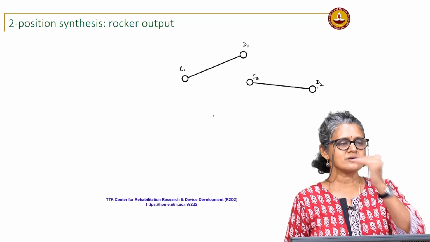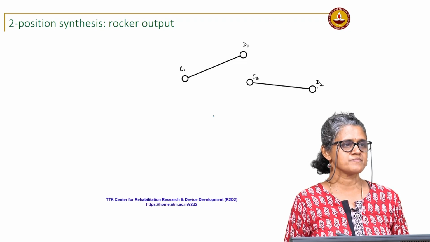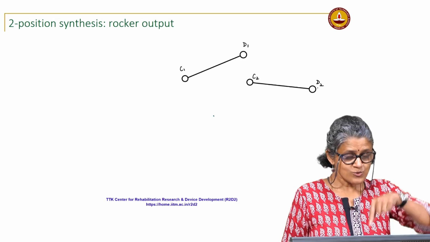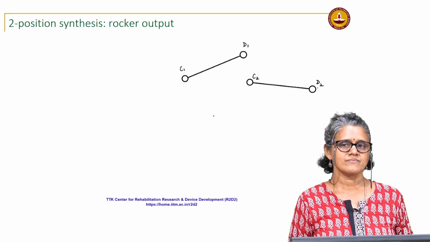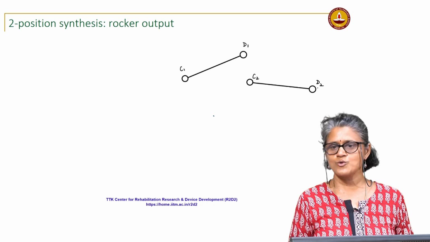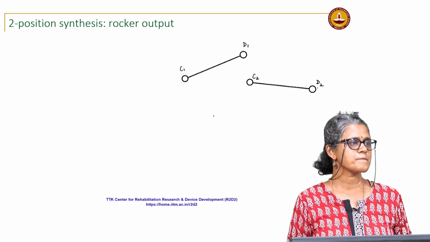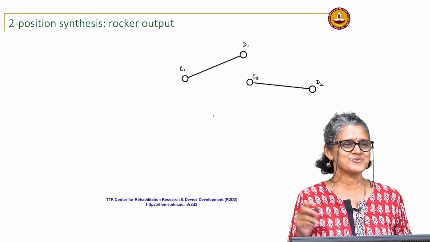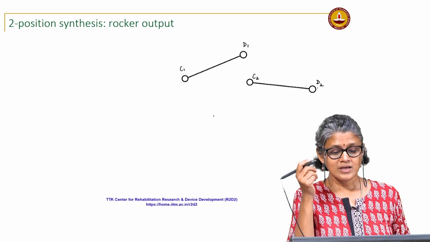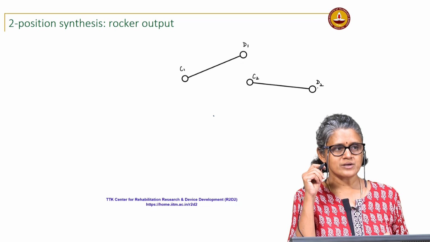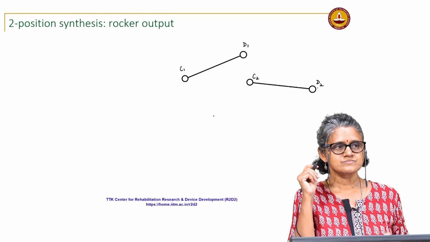Can I limit it to do those two positions using what I just did? How would you do that? How will you consider this as a follower? What we did for the pole first one.